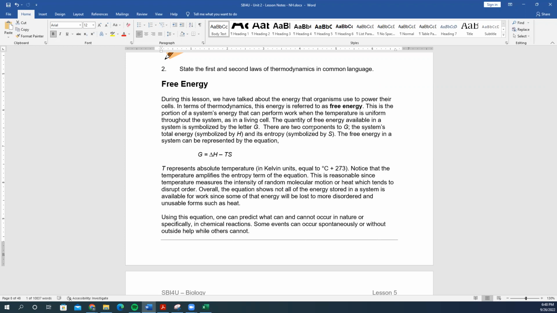Okay, so now we've talked about the energy that organisms use to power their cells. And in terms of thermodynamics, this energy is referred to as free energy. This is that portion of the system's energy that can be used to perform work.